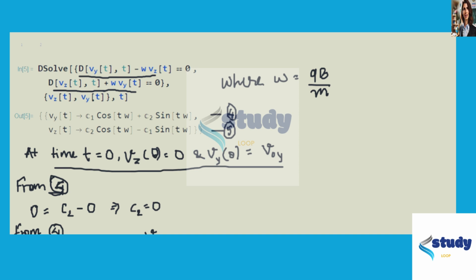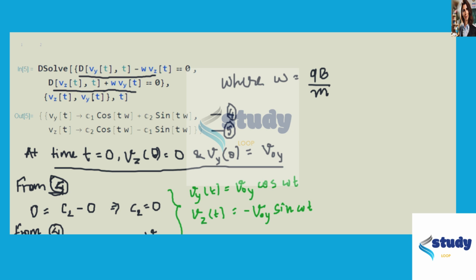Using both these values in equations 4 and 5, vy of t equals v0y cos omega t, and vz of t equals minus v0y sine omega t.